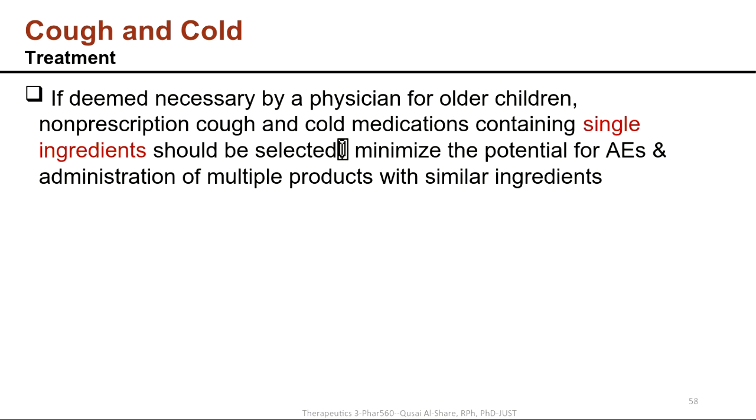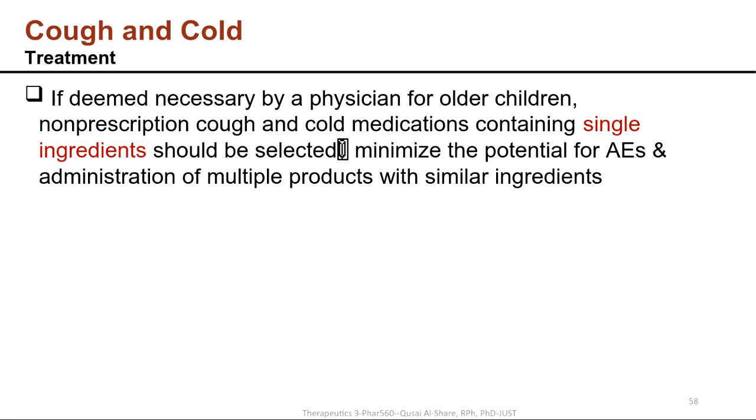For the treatment of cough and cold, if deemed necessary by a physician for older children, use non-prescription cough and cold medications containing single ingredients. A lot of these medications have 2 or 3 substances. They sometimes combine an antihistamine with a decongestant, a cough suppressant, or a mucolytic. If you have more ingredients in one drug, the medication error rate is normally high.